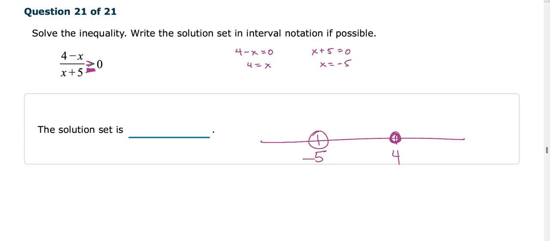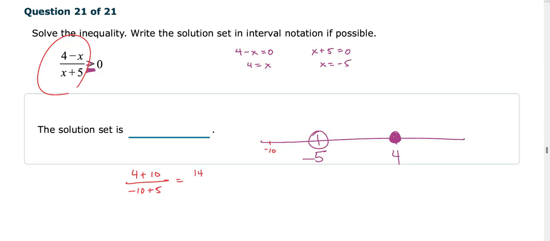Now I need to pick numbers in each of those pieces. If I pick negative 10 and plug it into my inequality, do I get a positive or a negative number? 4 minus a negative 10 over negative 10 plus 5 gives me 14 over negative 5, which is a negative number.